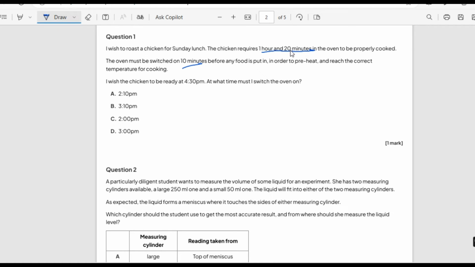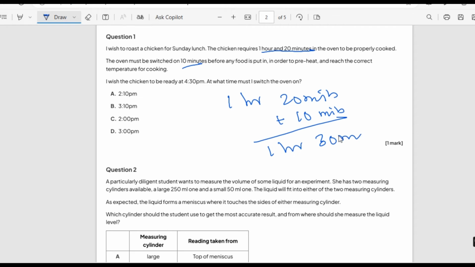So adding 10 minutes for the oven to preheat, the total time for the chicken to be ready is 1 hour 30 minutes. So if she wants her chicken to be ready by 4:30, she has to start 1 hour 30 minutes before. That means she has to start at 3 p.m.